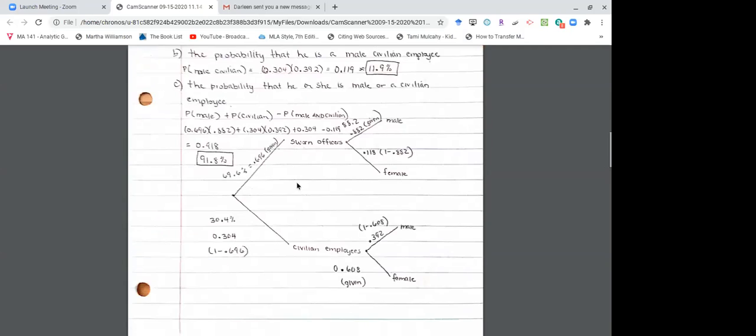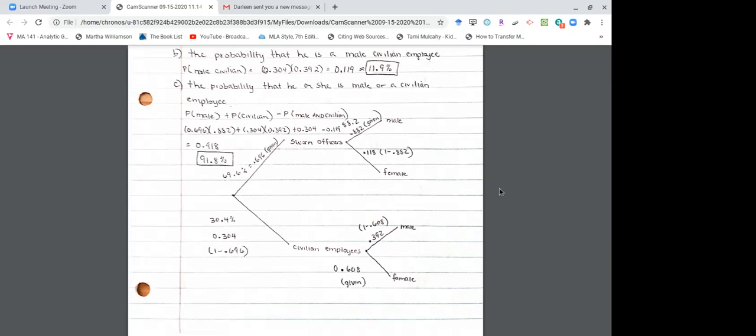We have 69.6% of the entire workforce is sworn, and from those sworn officer group at the top, 88.2% of those were male. So guess what? The other one minus 88.2 or 0.882 were female, and that was about 0.118, okay?